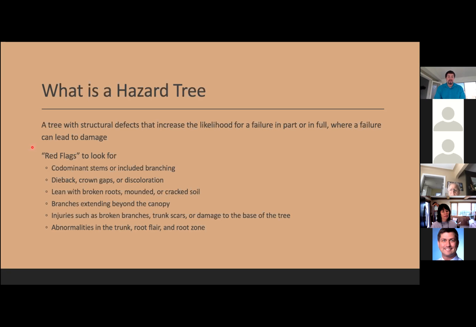If you have branches that extend way beyond the canopy, sometimes you'll see a tree that's got this beautiful shape to it, and then it's got one arm that just sticks way out in the middle of nowhere and it's way off balance.